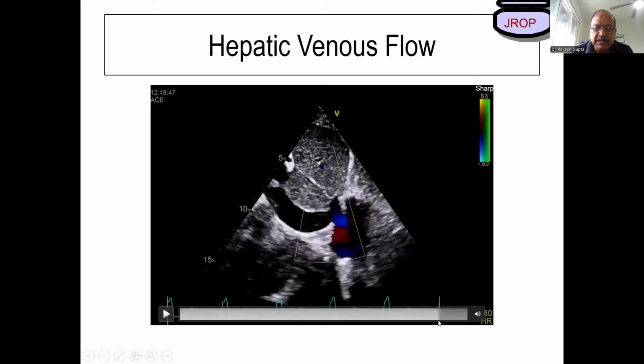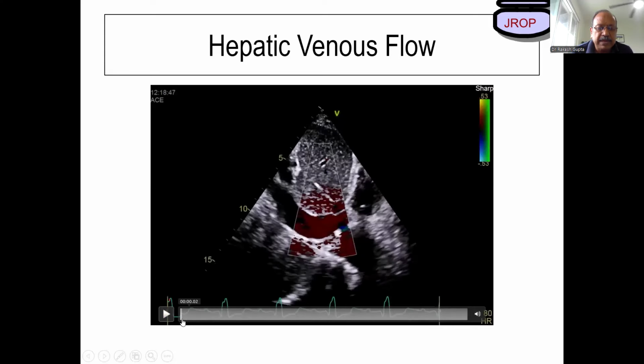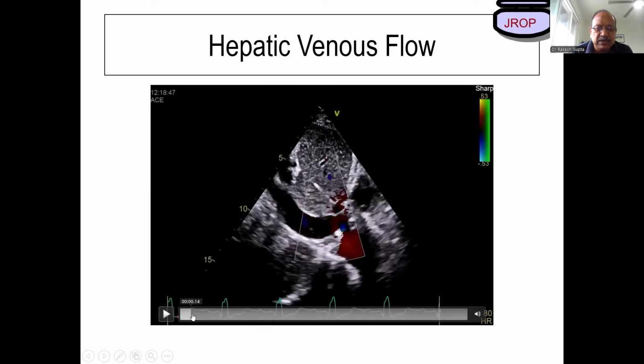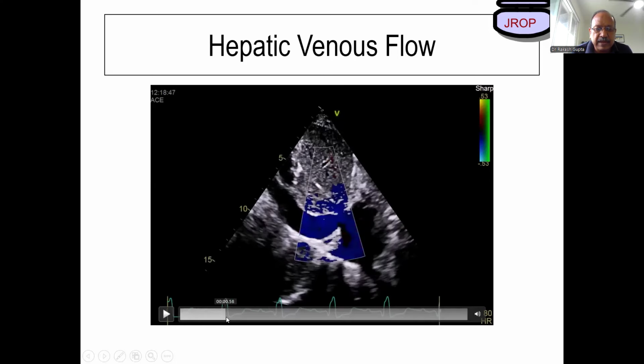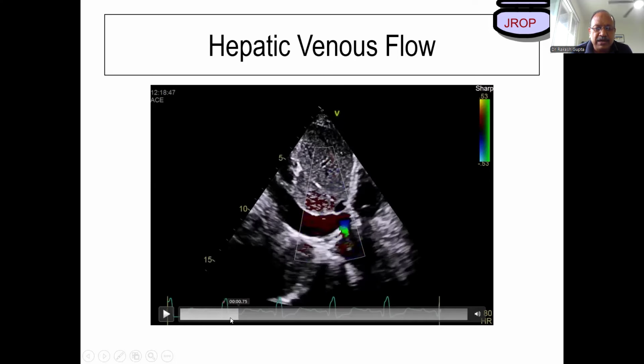Now I'll bring this cursor back to the beginning. So this is systole, this is diastole, right? Concentrate over here in systole. I'm going to take this cursor during systole. There is only blue color which is coming from the hepatic vein to IVC.